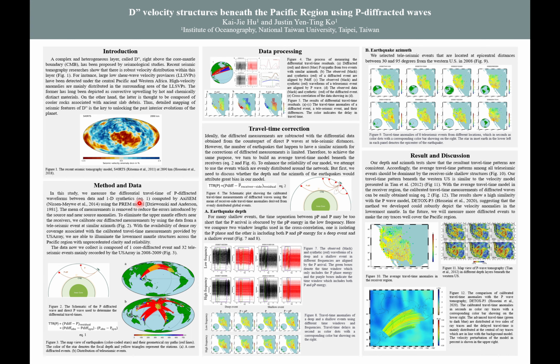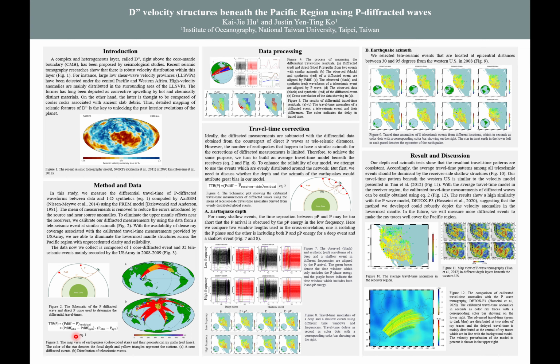In this study, we adopt the method that measures the differential travel time residual from P-diffracted wave subtract direct P wave with respect to the 1D prime model. This simple concept of our method is shown in figure 2 and equation 1, here and here.